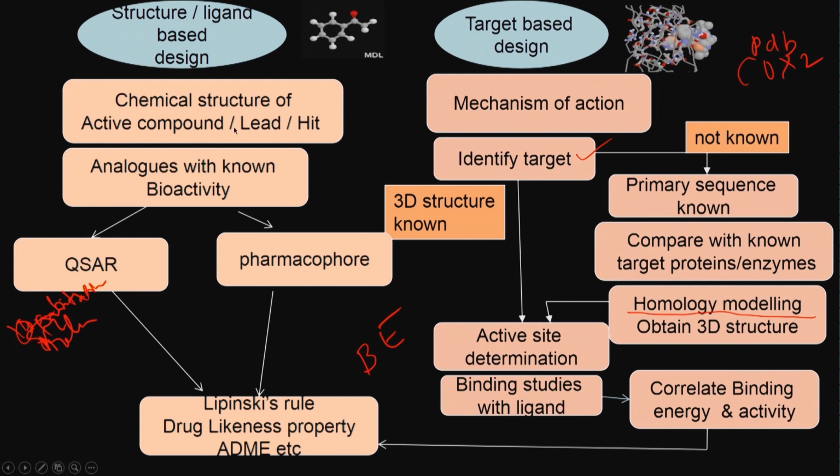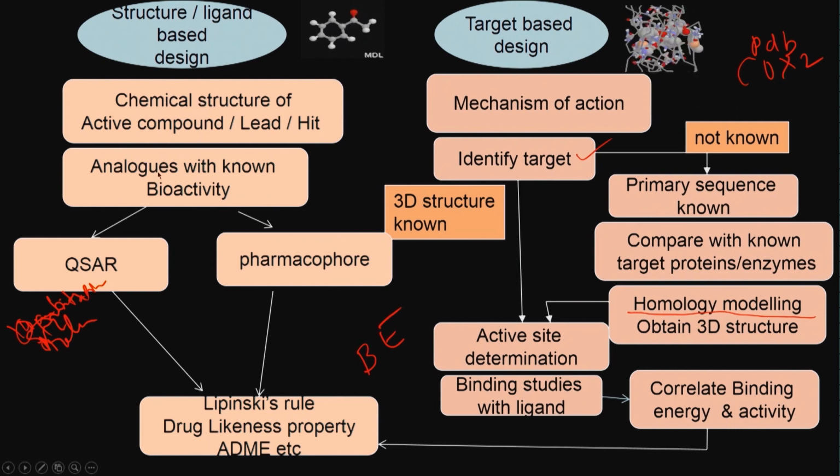In the structure based or ligand based design, I have no idea about my target, so I will look at molecules which have shown good activity towards a particular disease, then I will develop analogues, okay, known analogues.